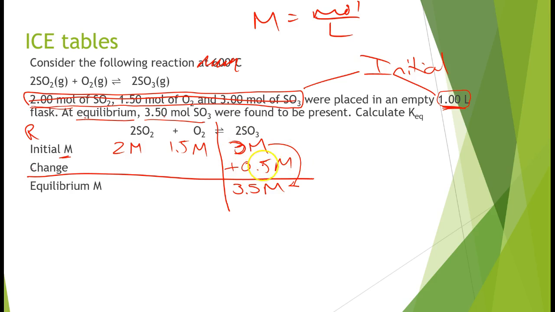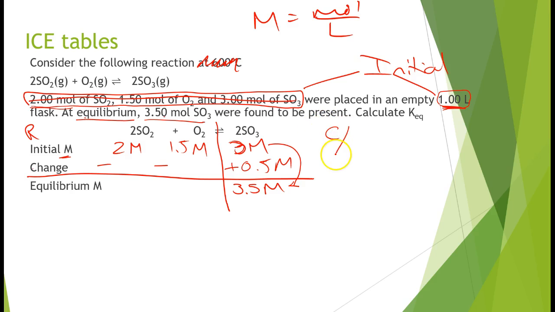Well, if it's going to gain, my reactants have to lose, because that's the only way I can create products, is if the reactants get used up. So that's the first thing. I put the plus sign where the products are in this case, and I put the minus signs on the opposite side of the double arrow. It could be the other way. You could have plus signs on the reactant side and minus signs on the product side. It just depends on the problem.